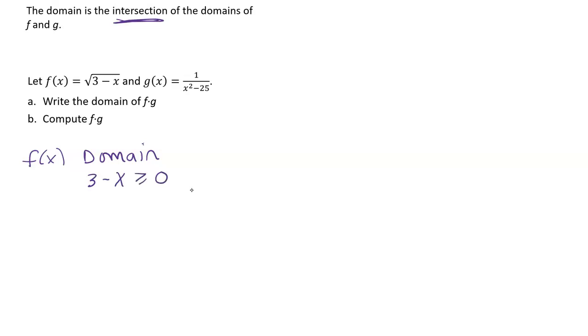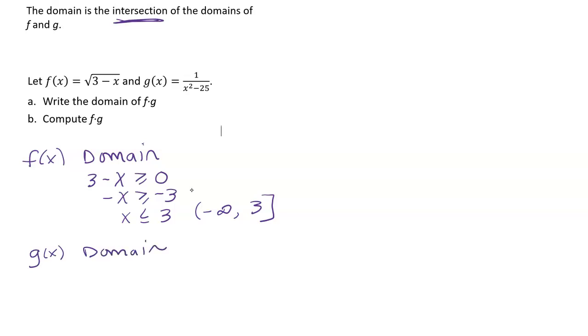So here's where algebraically you may want to do a quick calculation, and you solve your inequality, and that will tell you your domain. So my domain is x is less than or equal to 3, which is going to be parenthesis negative infinity to 3 bracket. For g of x, I have a rational function.